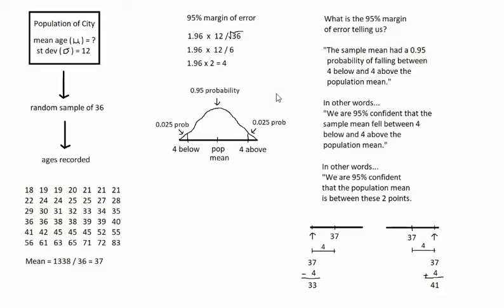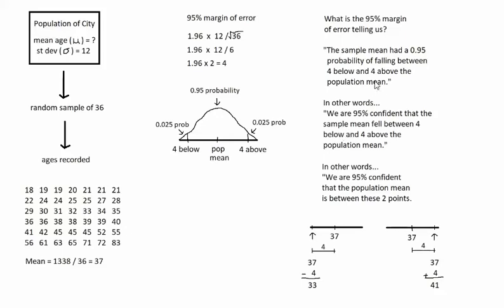So now let's quickly recap what this 95% margin of error is telling us. It's telling us that the sample mean had a 0.95 probability of falling somewhere between 4 below and 4 above the population mean. And we can translate that into a similar statement. What we can now say down here is that we're 95% confident that the sample mean came out somewhere between 4 below and 4 above the population mean.